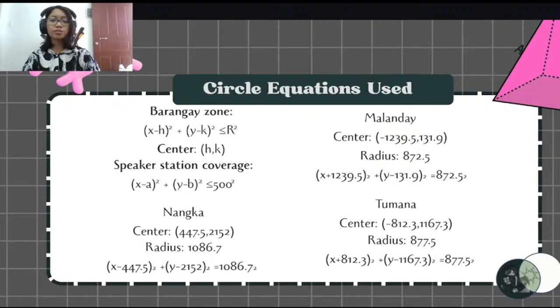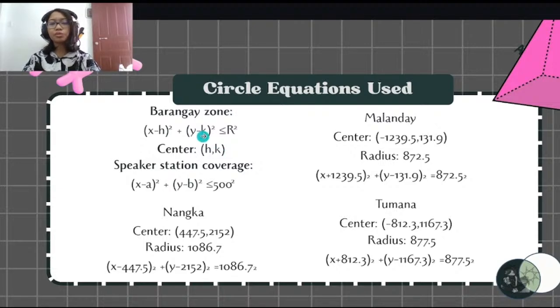For the barangay zone or coverage, the circle equation is quantity x minus h squared plus quantity y minus k squared less than or equal to r squared. As we learned in the previous slide, we need the center coordinate and the length of the radius to derive the circle equation by simple substitution.